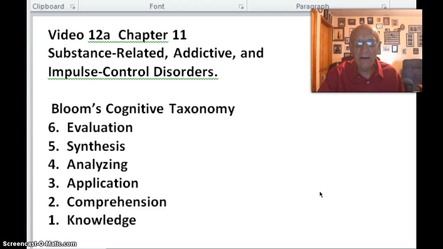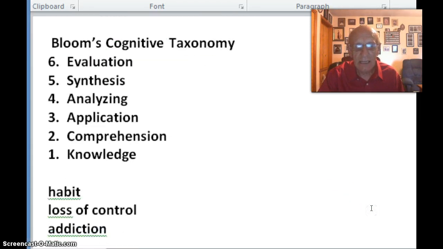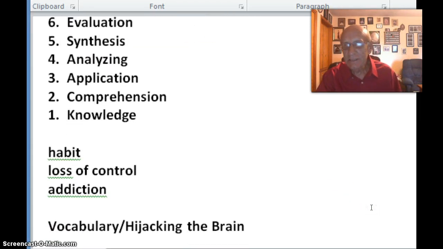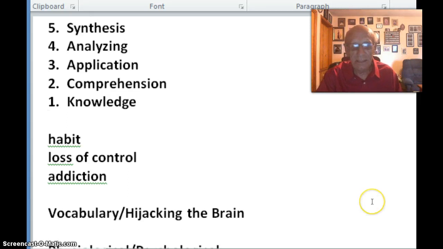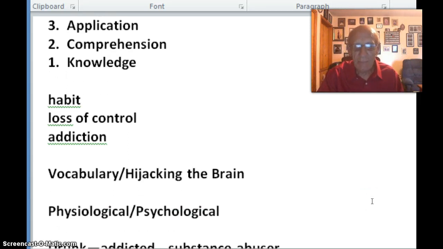I find that this is very interesting, and we're going to look through this now. We're going to look at the addictions that we've been talking about. What is an addiction? Is it a habit, loss of control, addiction? We have vocabulary, words describing individuals as users or abusers. We're hijacking the brain.